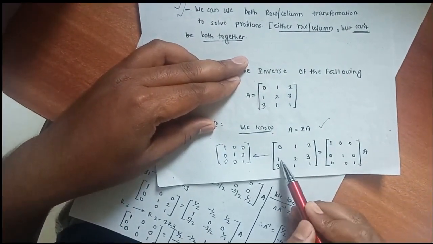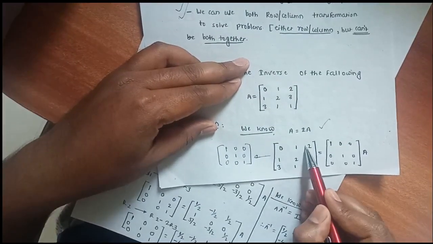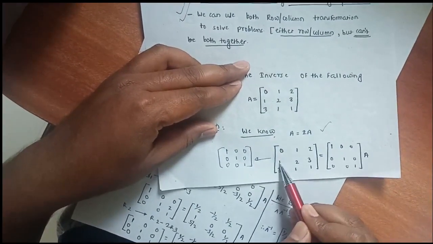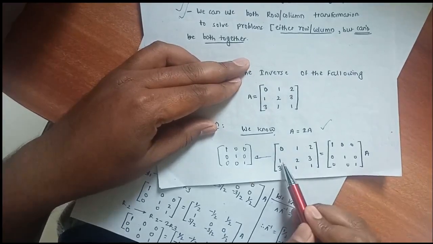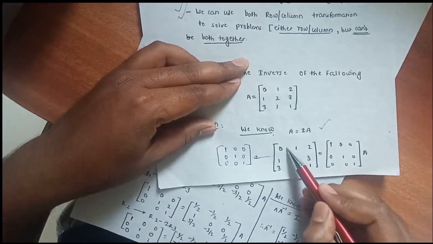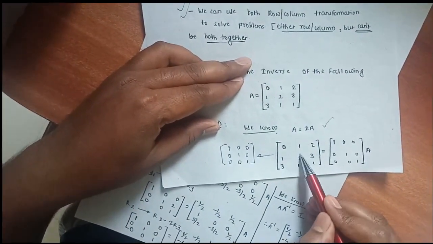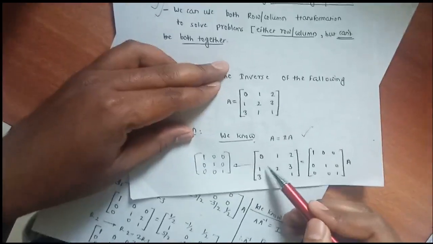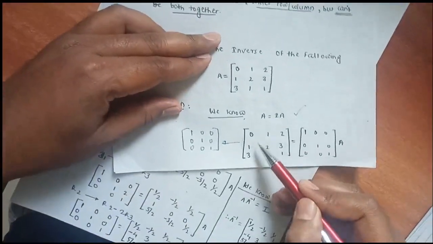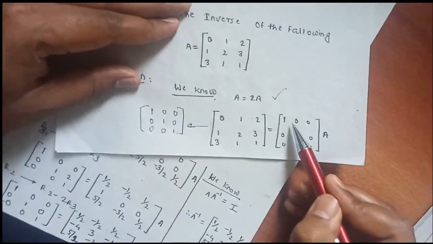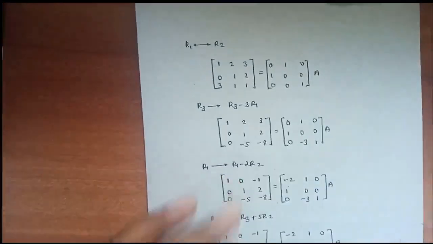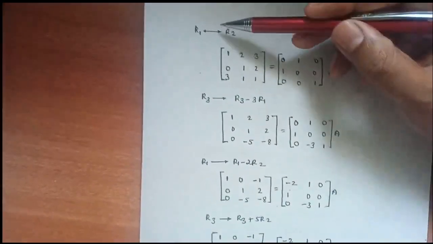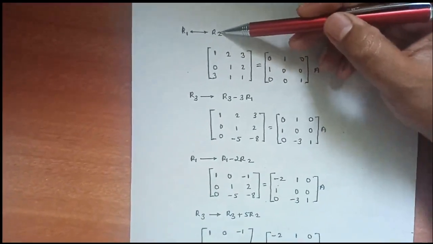So what I will do is interchange R2 and R1. That means R2 will go here, R1 will go here. If I do something to this matrix, the same thing you have to do here. That means your R2 is coming in place of R1, and R1 is going in place of R2. Same thing I did: R1 and R2 are interchanged.